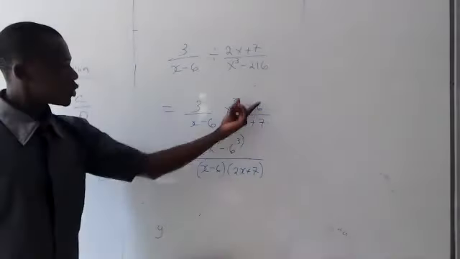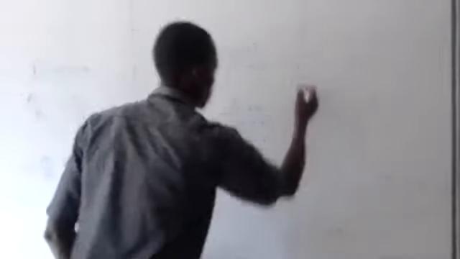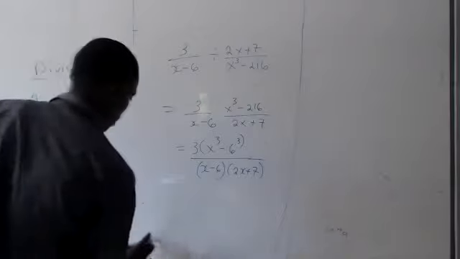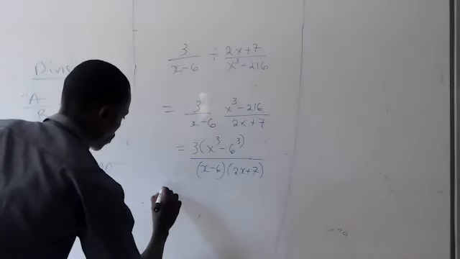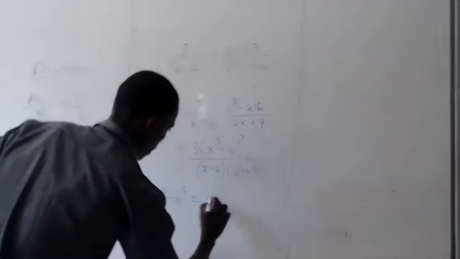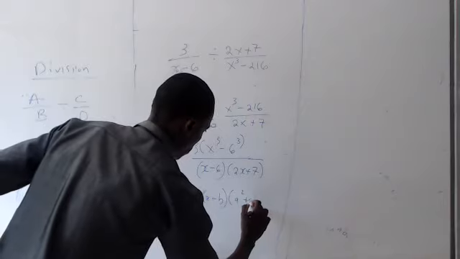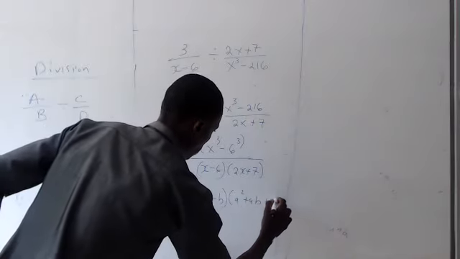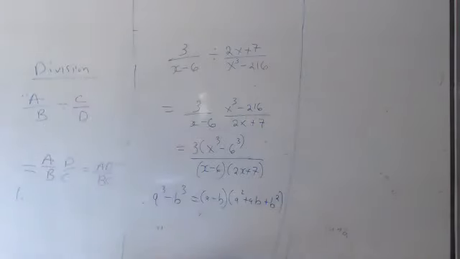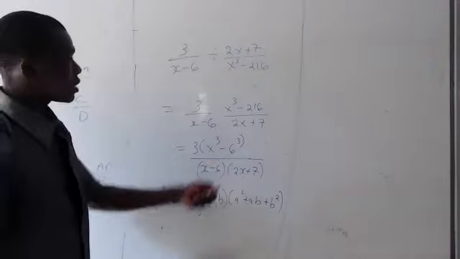I hope 6 cubed is 216. You might want to confirm that. Then let me remind you, a cubed minus b cubed is the same as a minus b, a squared plus ab plus b squared, right? So for this case, a is x, b is 6.